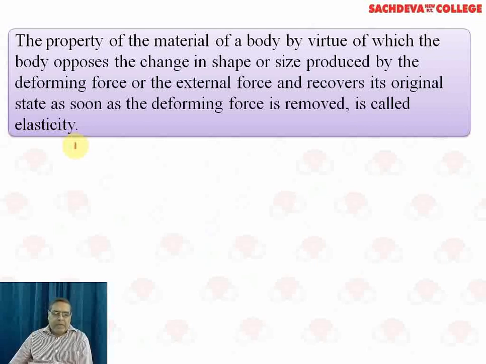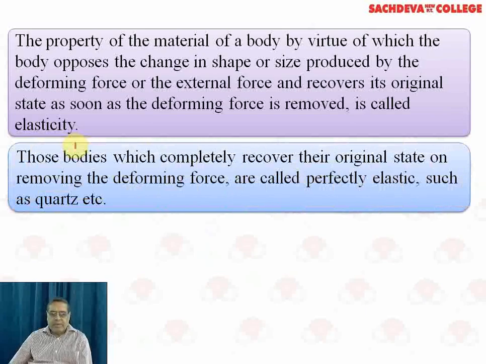And now the next one: those bodies which completely recover their original state on removing the deforming force are called perfectly elastic bodies, such as quartz. However, for increasing the knowledge, we can say that there is not a 100% perfectly elastic body. So we are just very close to that.